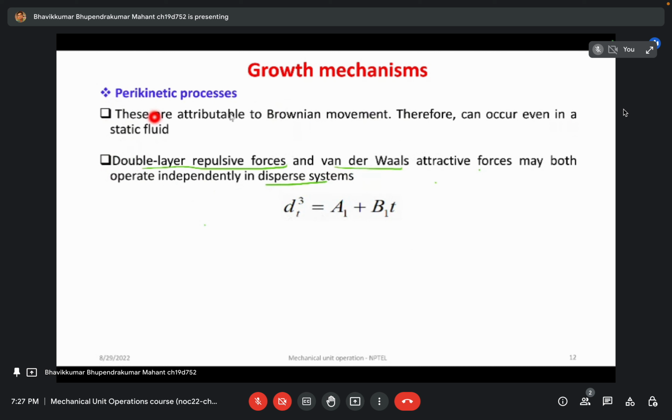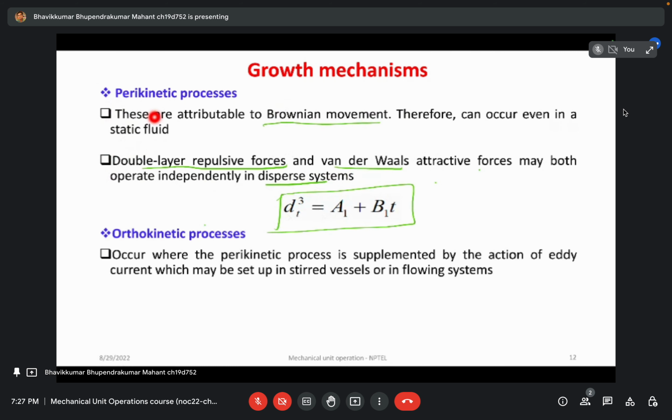You always have to remember that the perikinetic process is because of Brownian motion. This is the typical formula for the perikinetic process: d t cube is equal to a1 plus b1 t. You will get the values of a1 and b1, possibly in different units, in any problem, and you need to find d t.